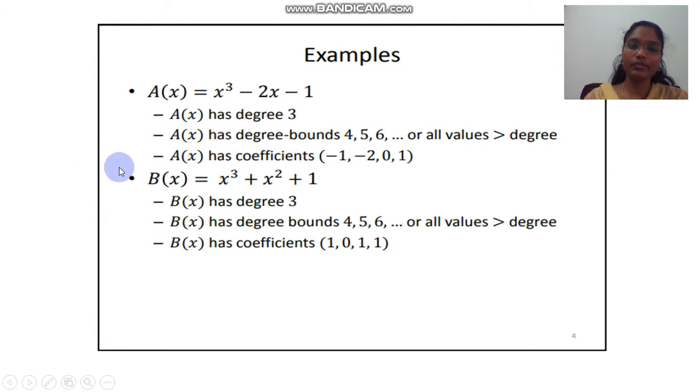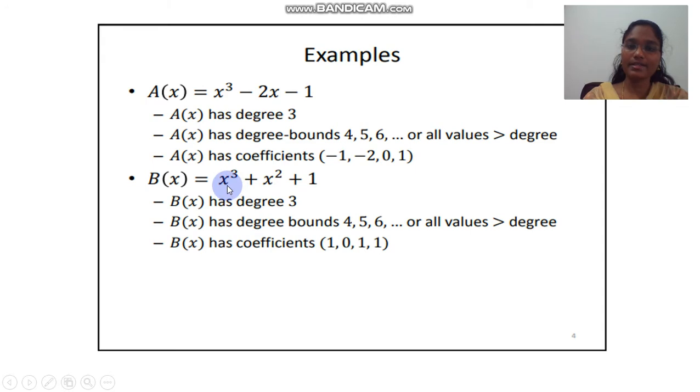The coefficients here are: the first coefficient is minus 1, for x the coefficient is minus 2, and here we don't have an x square term, so the coefficient of that term is 0, and for x cube the coefficient is 1.